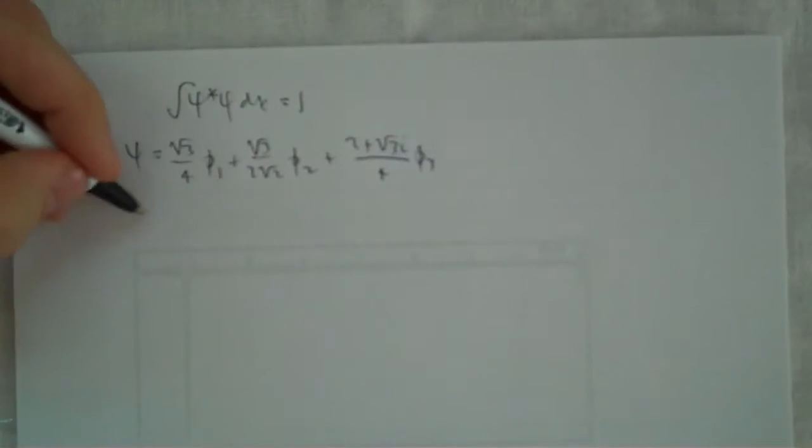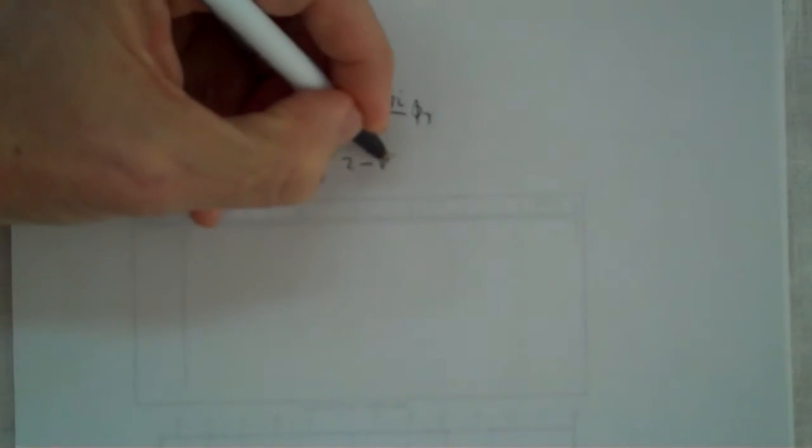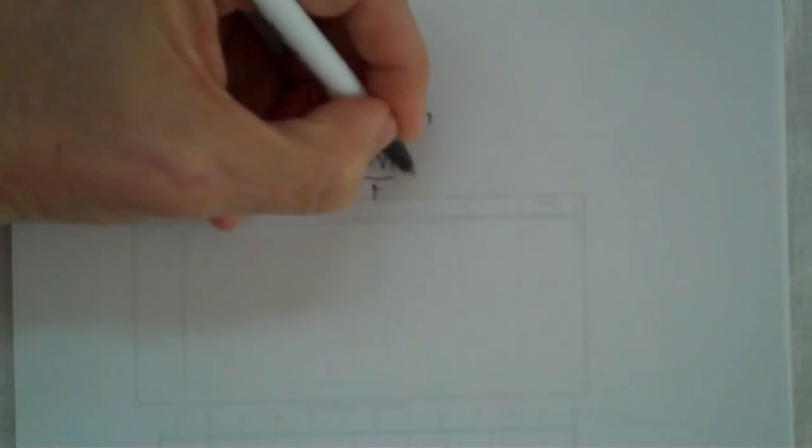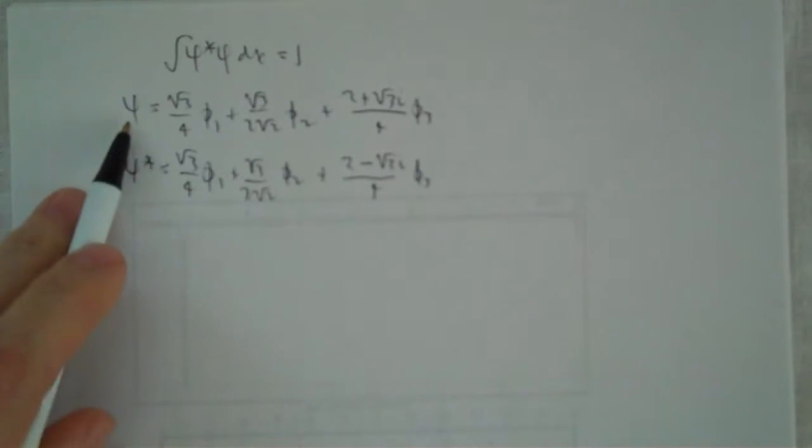Okay? So psi star then, I'm writing all this out so I don't make any mistakes. Some of you might, well, please don't do this in your head. Plus root 3 over 2 root 2 phi2 plus (2 minus root 3 i) over 4 phi3. That's the only difference between psi and psi star, right?